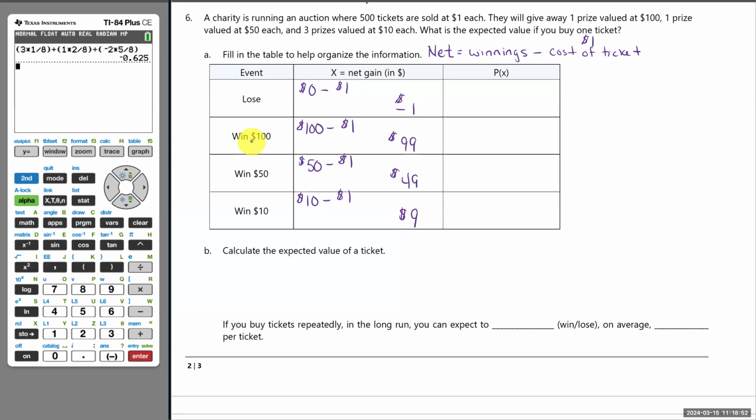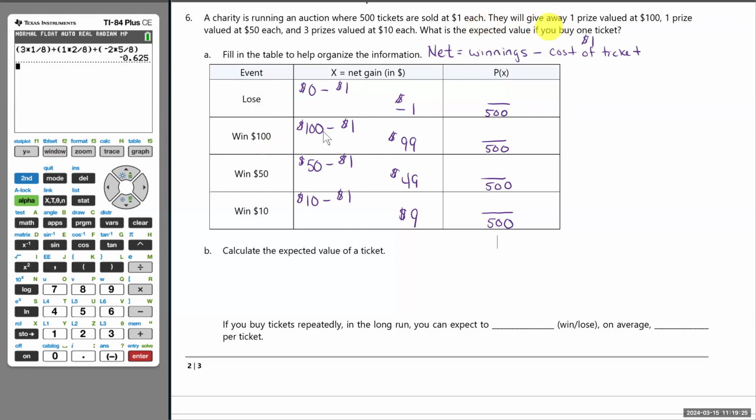All right, and then we can take care of the probabilities. So they're selling 500 tickets. So I know for the probabilities, my denominator will be 500. Just like the slices on the spinner, the total showed you your denominator was 8. Now a total number of tickets will give us our denominator. All right, so instead of starting with lose here, let me start with the information they gave you directly.